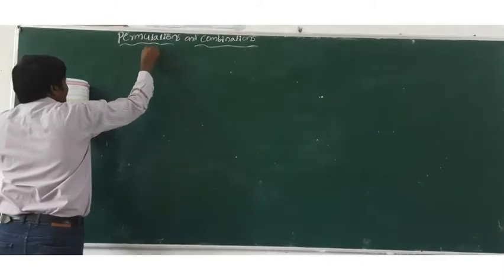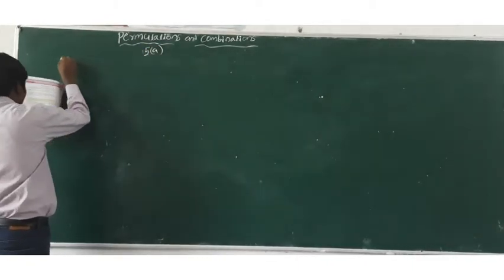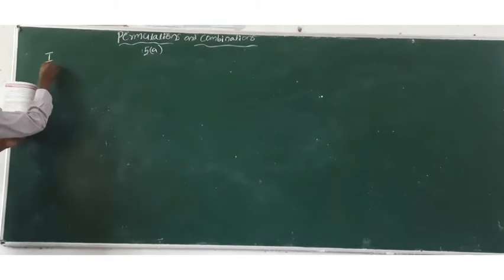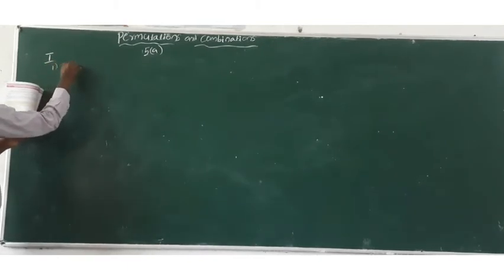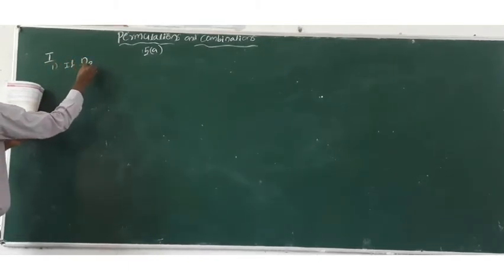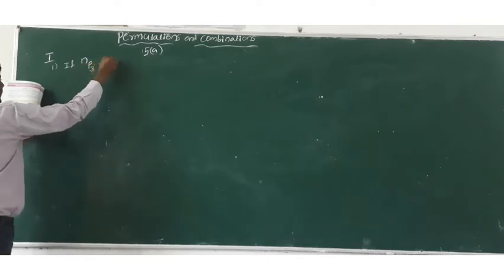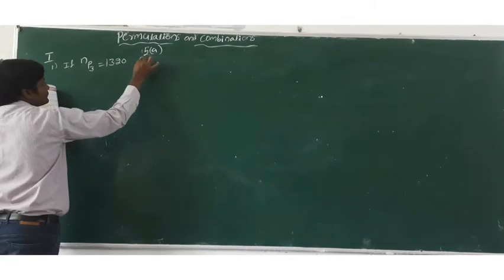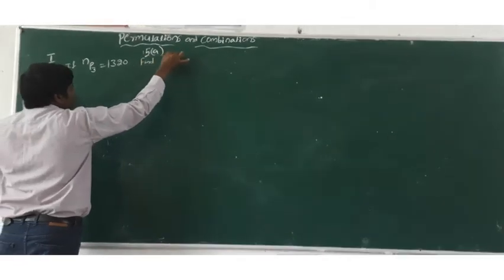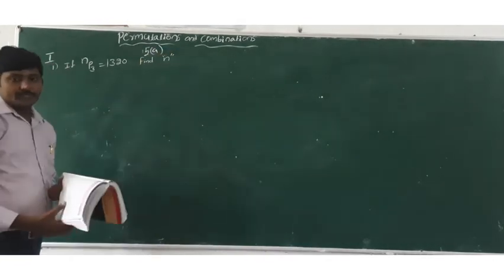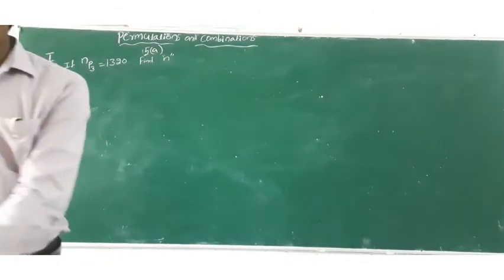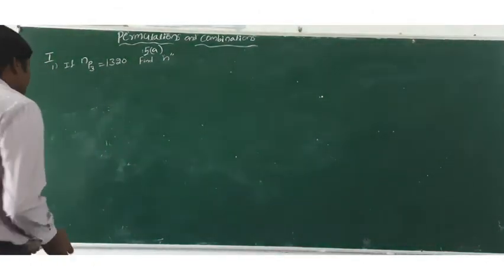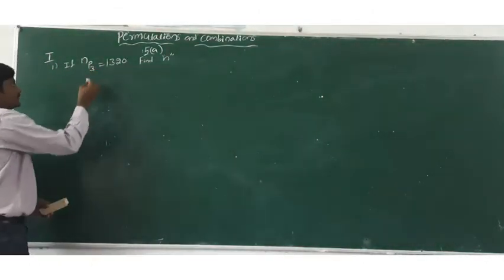Exercise 5A, Roman number 1. The first problem is: if nP3 is equal to 1320, then find the value of n.